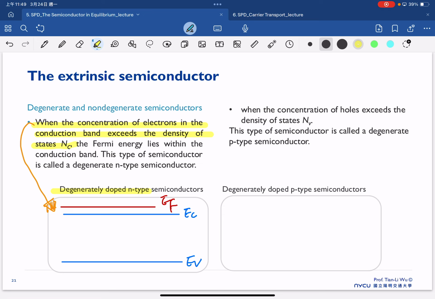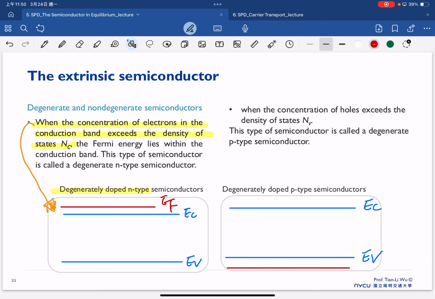Similarly, we can have EC, EV here, and we can also have the case that our EF is below the valence band. This is a case when the concentration of holes exceeds the density of states NV. And in this case, we call it a degenerate P-type semiconductor.